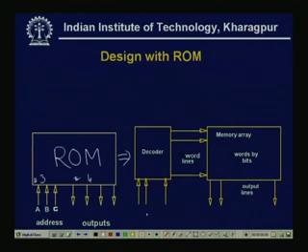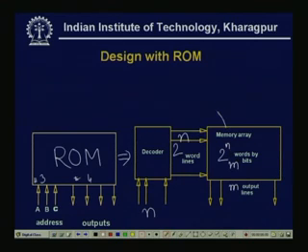So, the decoder input is n, the number of word lines is 2 to the power n, and this is 2 to the power n words by m bits, if it has m output lines.